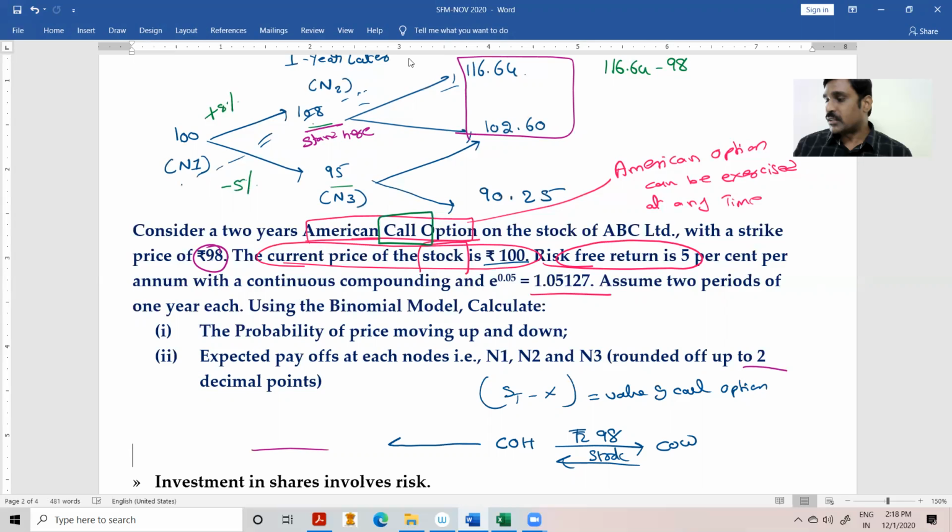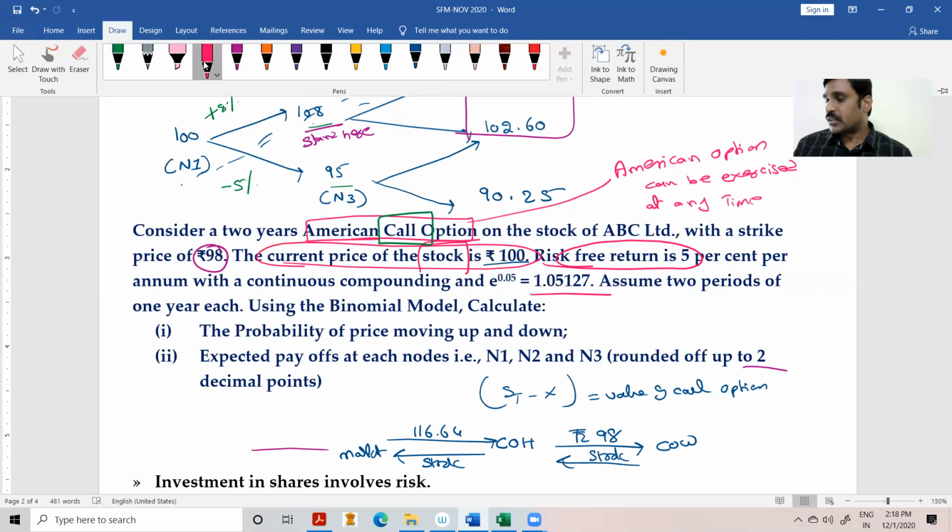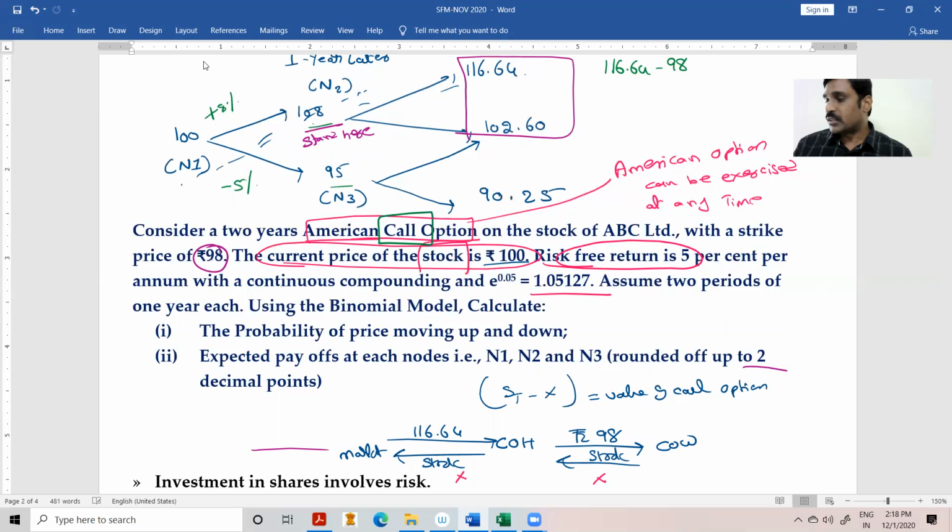Thereafter, the call option holder gives that stock in the market and gets 116.4. So my stock will be cancelled. 116.4 is my inflow and 98 is my outflow.